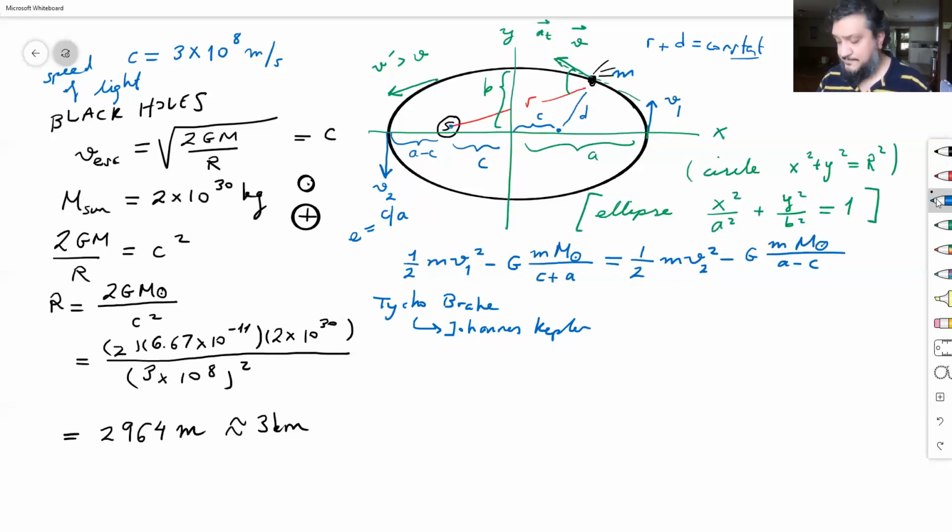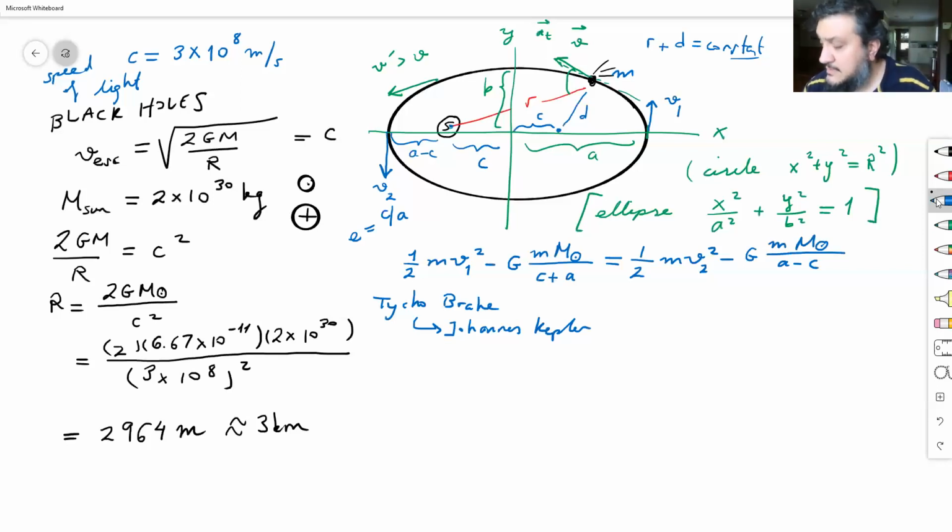One of them has to do with the relation between the distance from the focal point, which is the sun in our case, and the time it takes to complete one cycle around the sun, 1 year. So it's called a period.